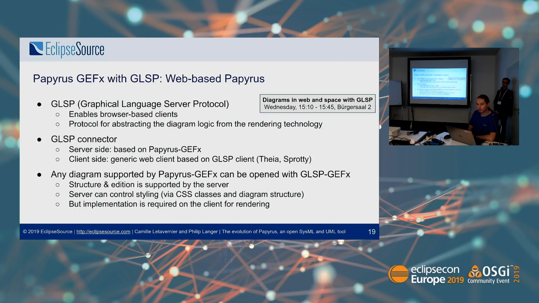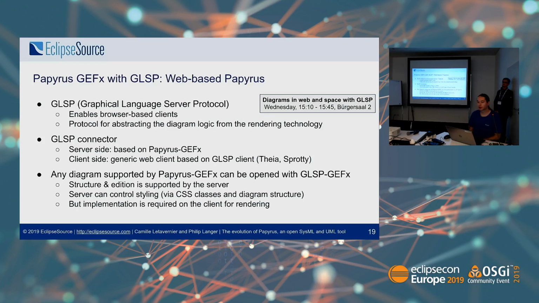So the GLSP protocol, what does it enable? It provides a framework for implementing browser-based clients. And through the JFX connectors that we have for GLSP, we can reuse the existing Papyrus diagrams. So essentially, any diagram that is currently supported by Papyrus GFX can be opened with GLSP GFX.